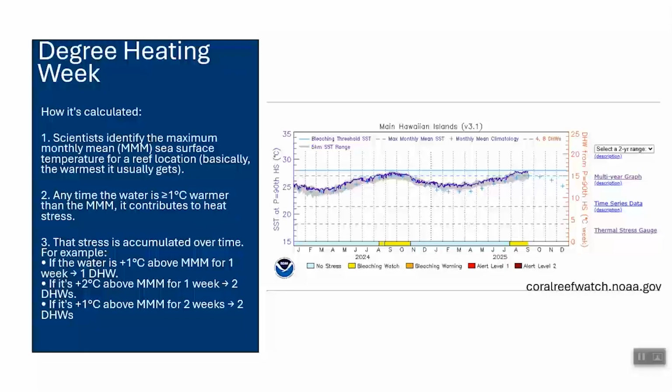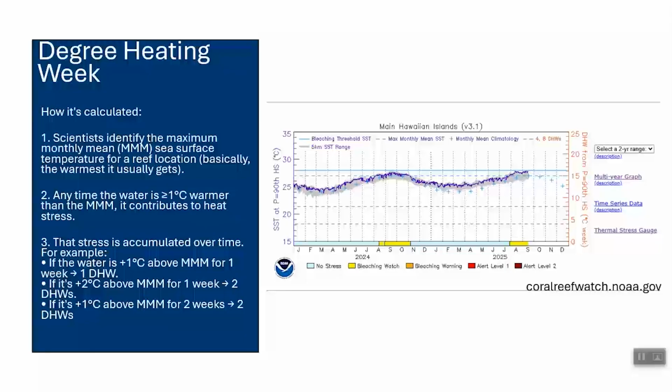And that maximum monthly mean sea surface temperature in this graph here, which we'll get into more, is this dashed blue line that you see here. For us here in Hawaii, that's sitting at 27 degrees Celsius. Anytime the water is greater than or equal to 1 degree Celsius warmer than the max monthly mean sea surface temperature, it contributes to heat stress.